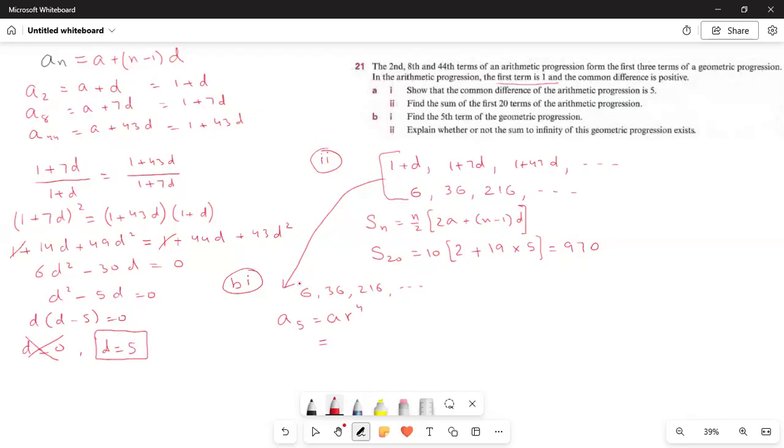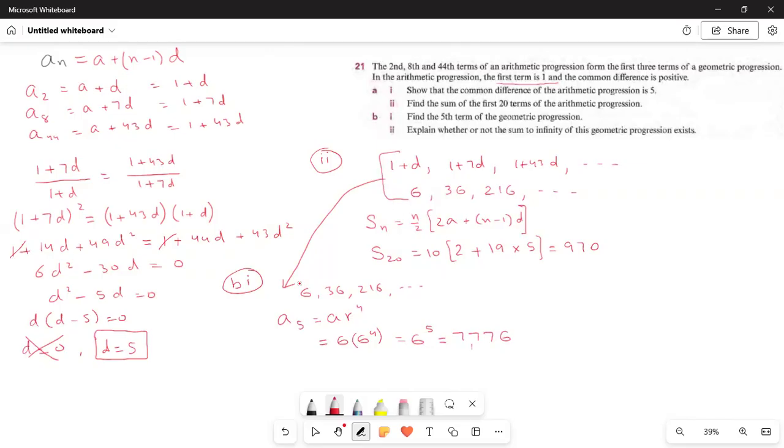So what's the first term? First term is 6. Common ratio is also 6, and 6 power 4. So this all becomes 6 power 5, and 6 power 5 I calculated as 7776. Let me count it again.